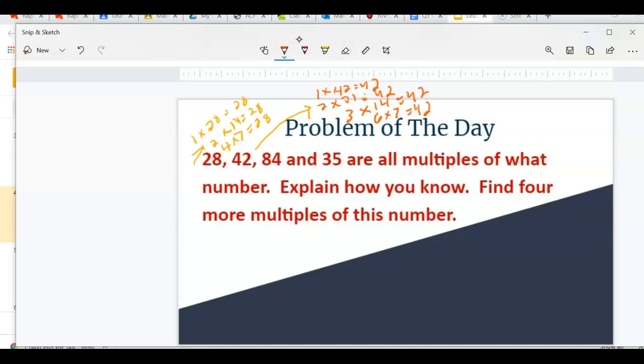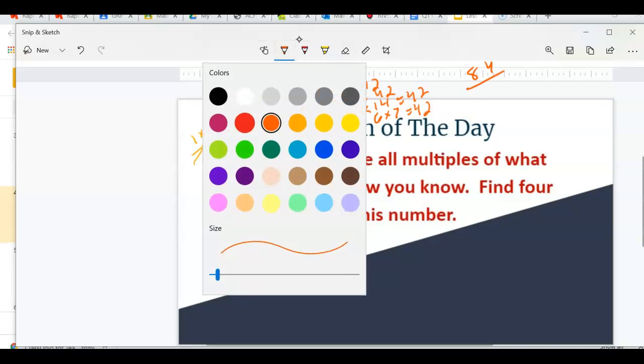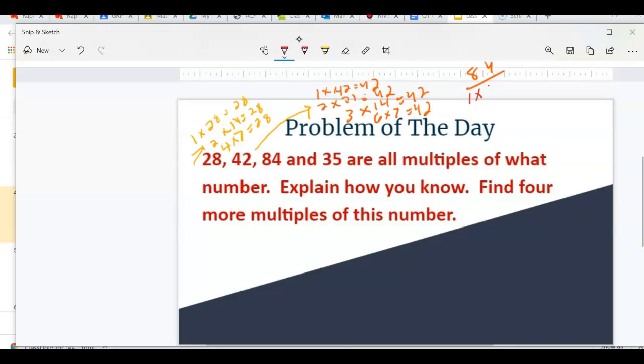Let's look at 84. So for 84, of course, you always start out with 1 times that number. 1 times 84, 84, and you've got 2 times 42, okay, equals the same. 3 times 28 equals 84. 4 times 21, 6 times 14, and 7 times 12.